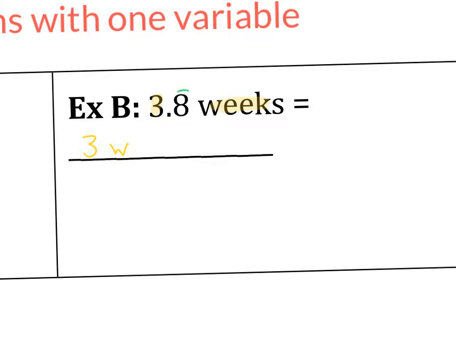I need to take the remainder, the 0.8 weeks, so I'll use w there. So w is not a variable here. W is my unit. And we need to ask ourselves, when we convert it, what's the next unit that goes underneath weeks? Now we need to convert from weeks to days. So I'll put 1 week down on the bottom and 7 days on the top.